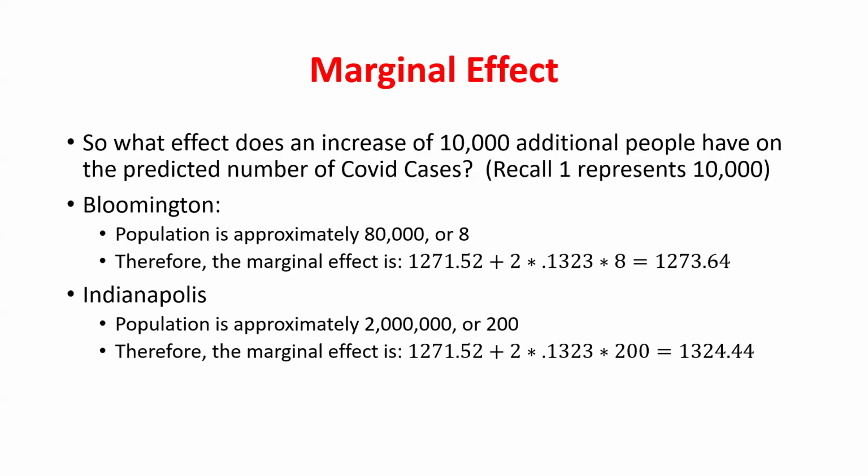I'm using the same coefficient on the linear term and the same coefficient on my squared term, but now I'm making a prediction for the marginal effect of a city of not 80,000, but of 2 million. So you can see here, now if I have a 1 unit change, or 10,000 additional people, the effect is a little bit larger. This is the idea that more people in larger areas are interacting with more people. You can even dive into network theory. This means the same 1 person in a large city is going to have a much larger effect than 1 person in a small city, at least here in terms of the number of COVID cases.